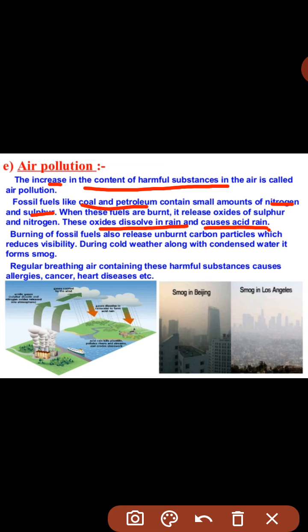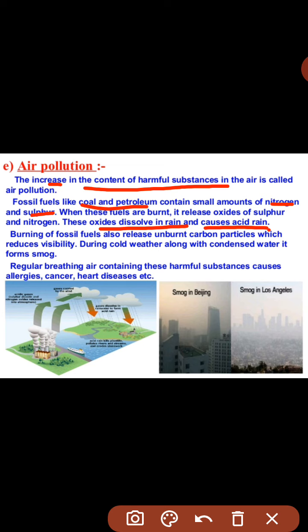Acid rain is a very harmful rain that happens on the earth, because it causes a lot of damage to life and property, and it gives many diseases to people, which is very harmful to us. Burning of fossil fuels also releases unburnt carbon particles, which reduce visibility.